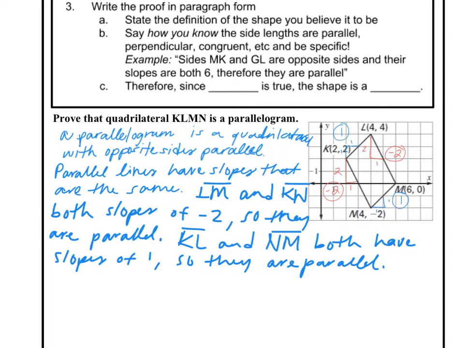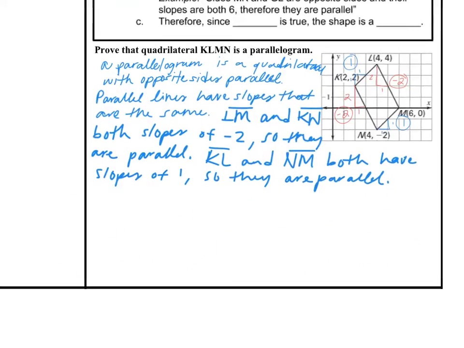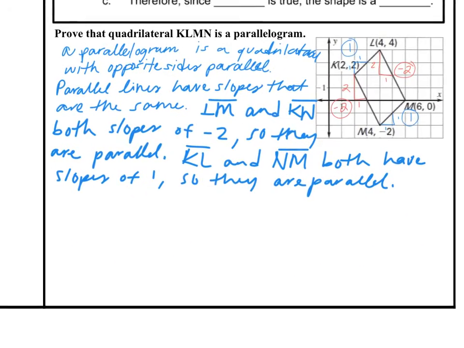Okay, so you've talked about the fact that they have parallel sides. How do you know it's a quadrilateral? It has 4 sides. So we know it's a quadrilateral. This shape is a quadrilateral because it has 4 sides.